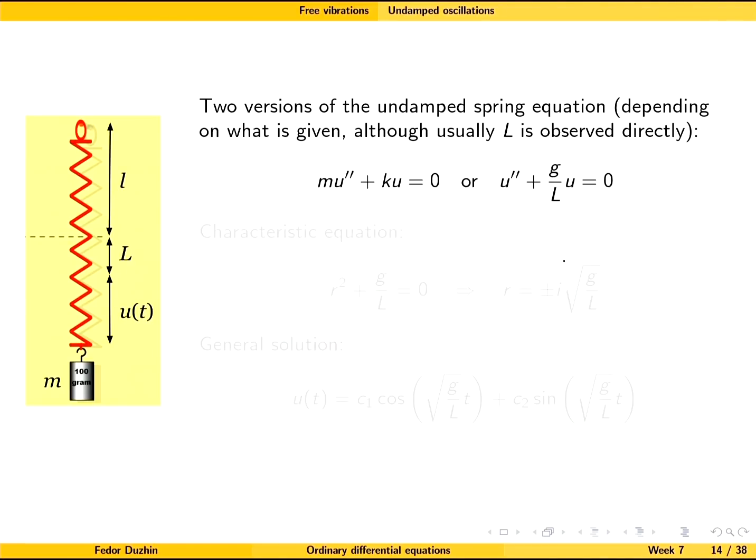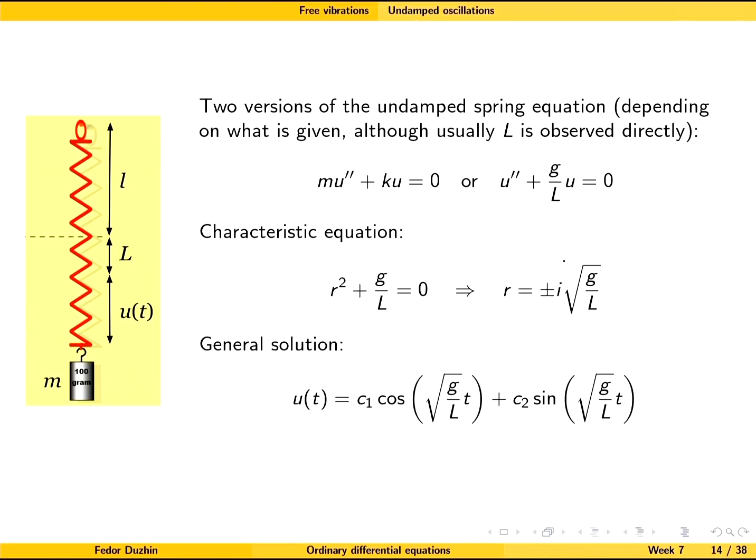And then if we measure g and L, and if we know the mass of the object attached to the spring, then we can deduce k. Then we set up the characteristic equation. The characteristic equation has two purely imaginary roots, which means that the general solution is going to be a combination of cosine and sine.